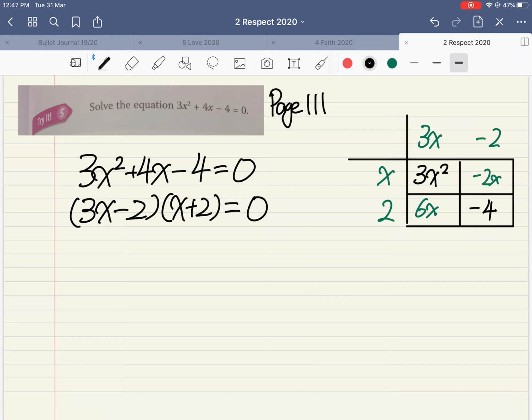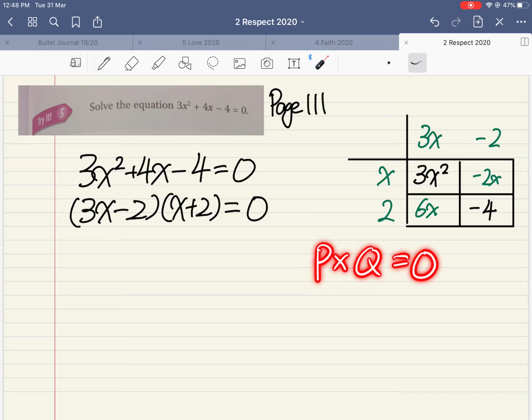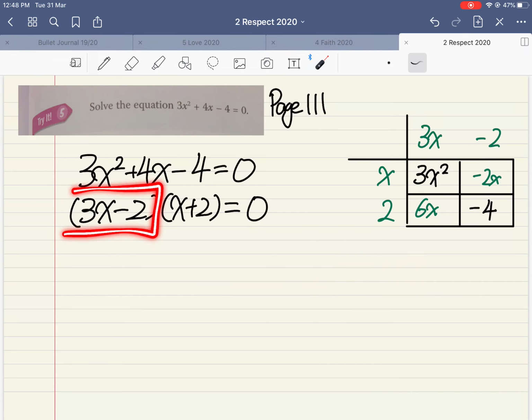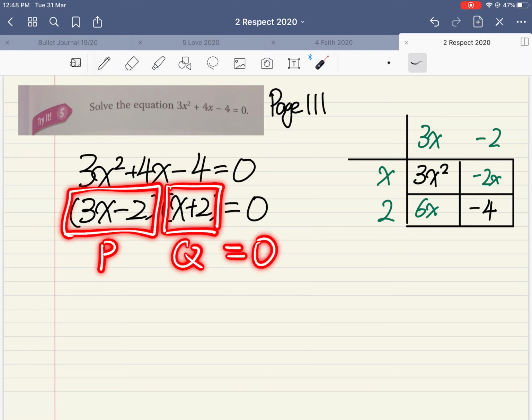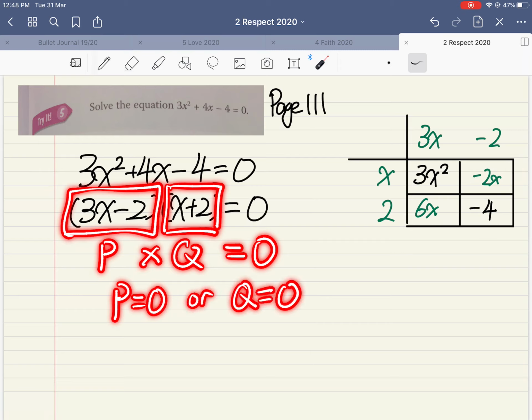If you remember from a previous slide, we know that the value of p times q is equal to 0. Just imagine that 3x minus 2 is equivalent to p and x plus 2 is equal to q. The product of these two, p times q, gives me 0. We know that in this case, p equals 0 or q equals 0.